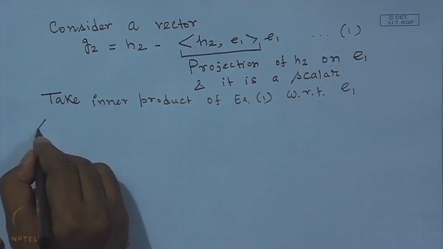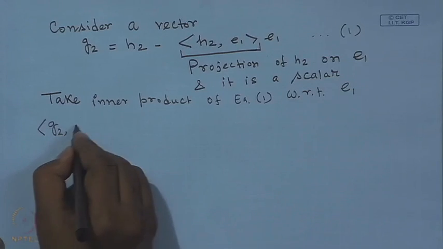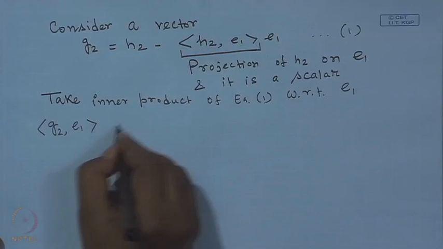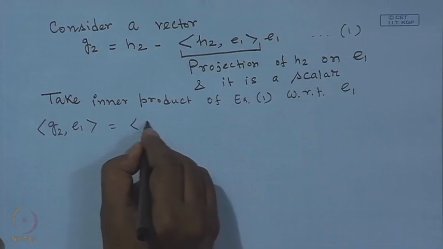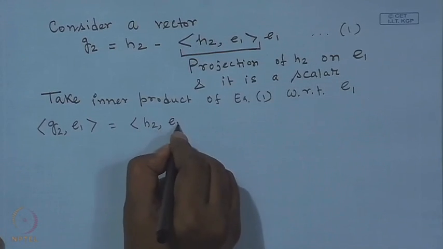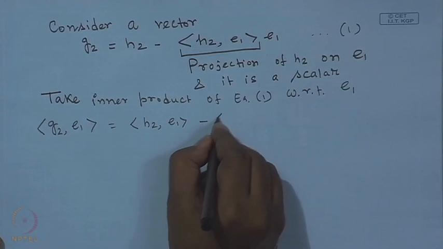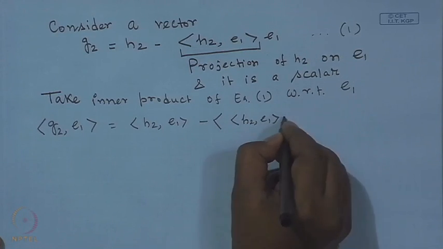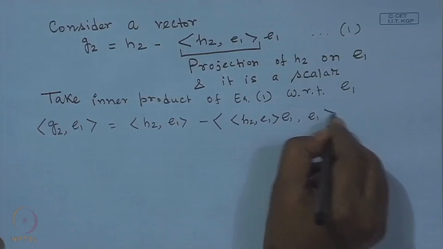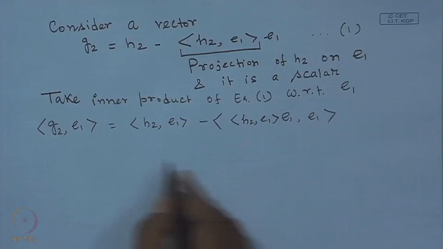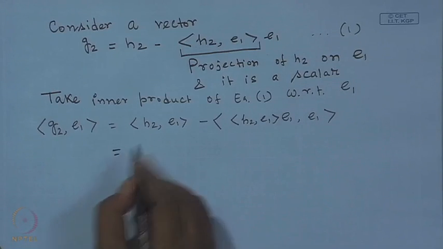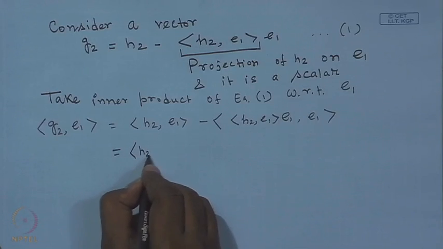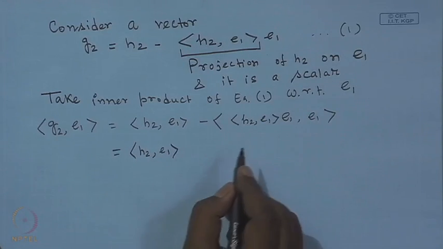So, if we do that, this becomes inner product of G2 and E1 is equal to inner product of H2 and E1 minus inner product of inner product of H2 and E1 times E1 with E1.